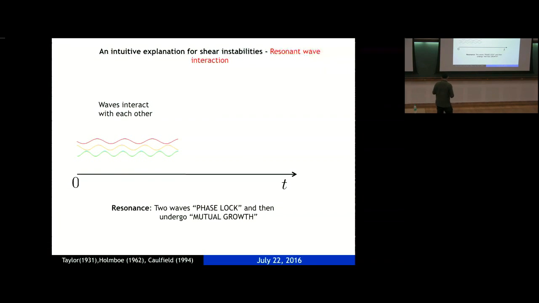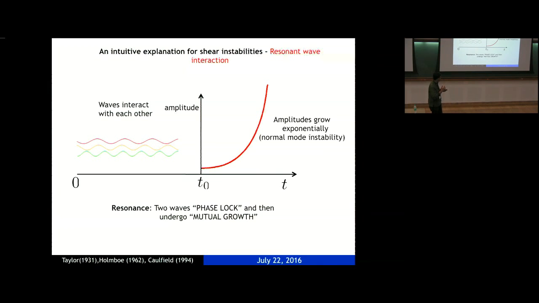So it is like this. If you have a fluid, you are putting in some waves. You are disturbing it with waves of different wave numbers. Now what can happen is that two waves can lock in phase. That happens at some time t0 after the start, and once they lock in phase, they keep on growing exponentially in amplitude. So it is called phase locking and then mutual growth. Okay.